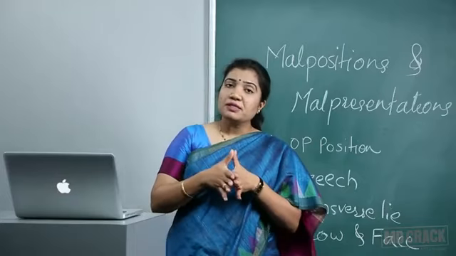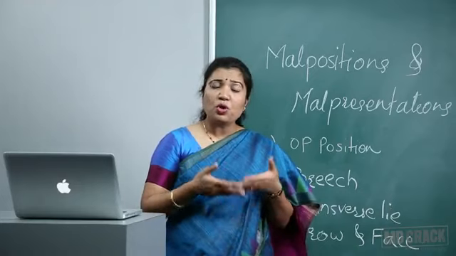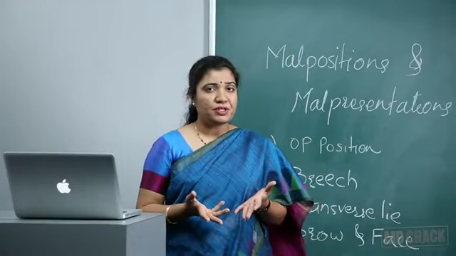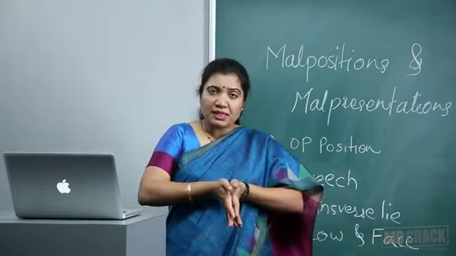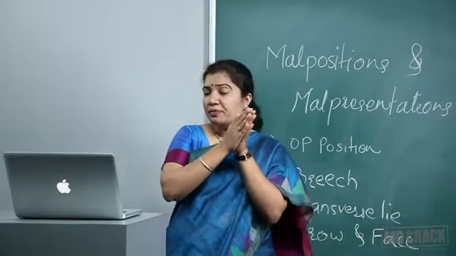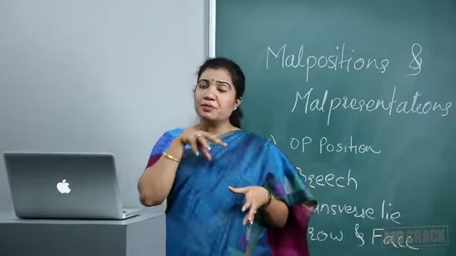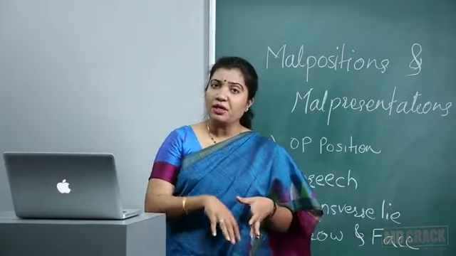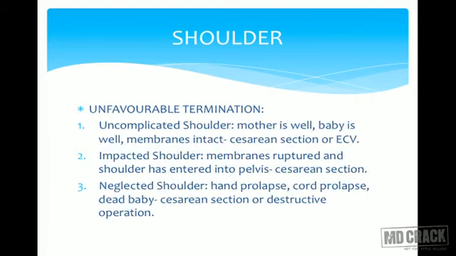There can be spontaneous expulsion, meaning in transverse lie, if the baby is small, or sometimes in IUD, a macerated fetus or preterm, the baby gets doubled up on both sides and is expelled spontaneously. Or spontaneous evolution, in which first the breech gets delivered, then the body and then the head. So these would be the favorable terminations.